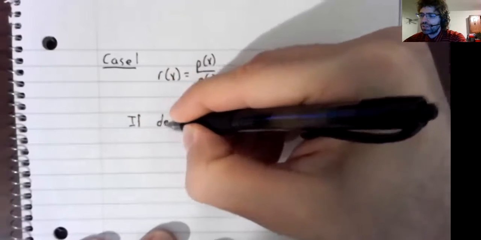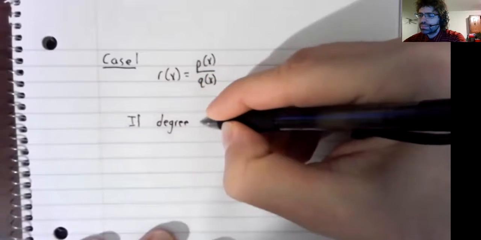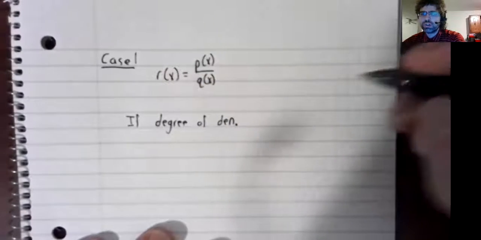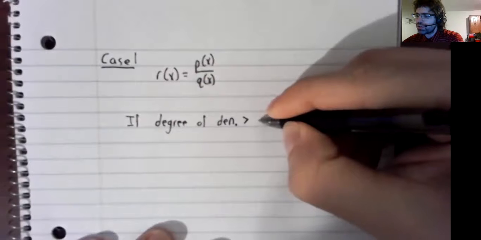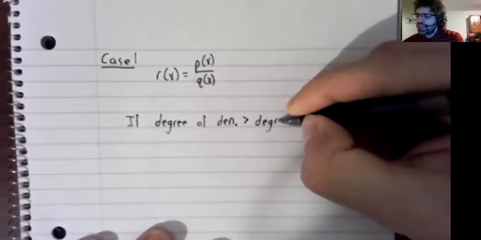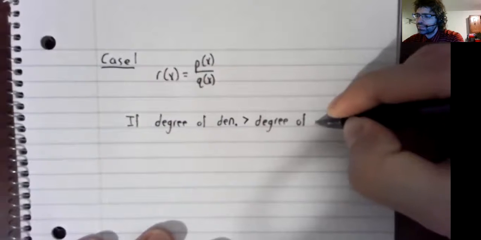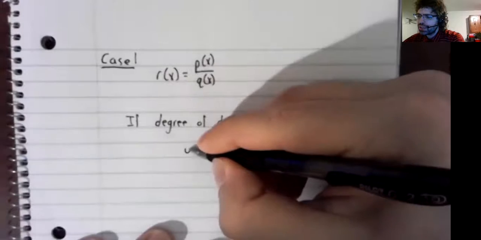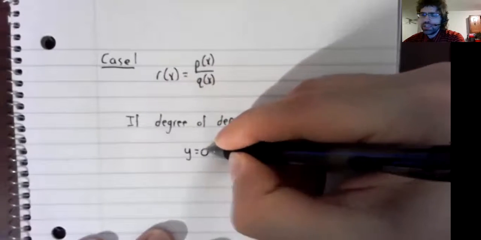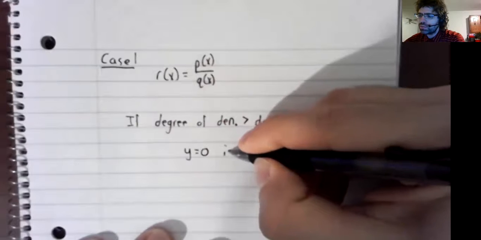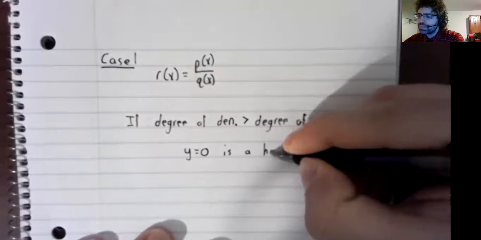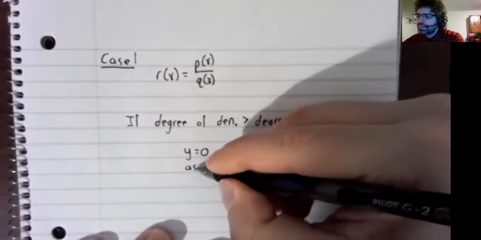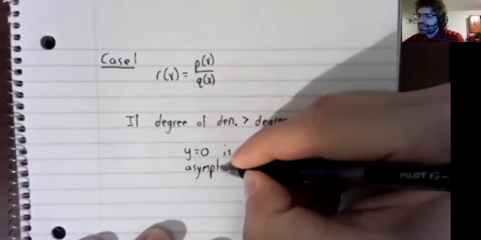If the degree of the denominator is greater than the degree of the numerator, then y equals 0 is a horizontal asymptote.